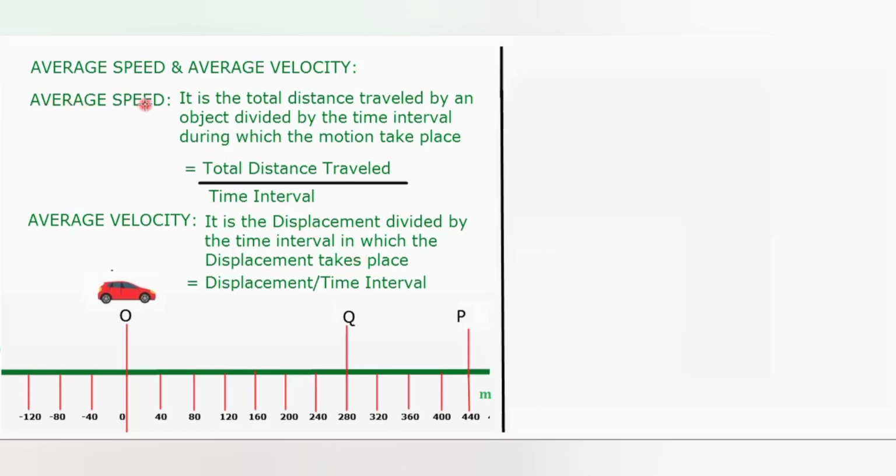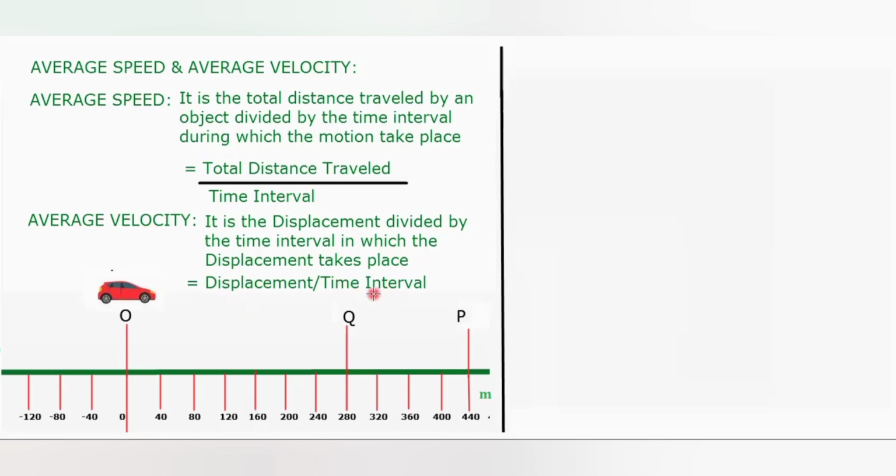The average speed depends upon the total distance traveled in a particular time interval. At the same time, average velocity depends upon the displacement in that particular time interval.